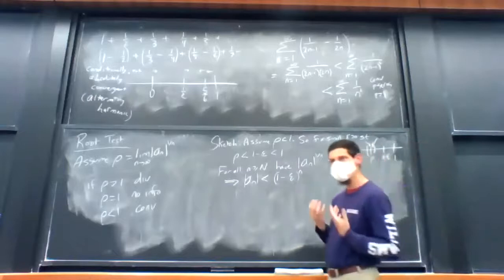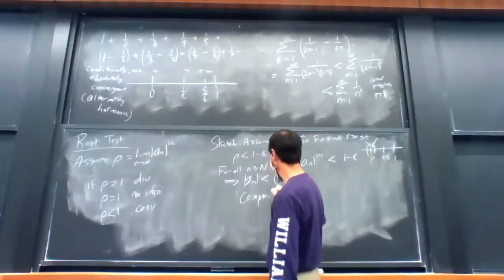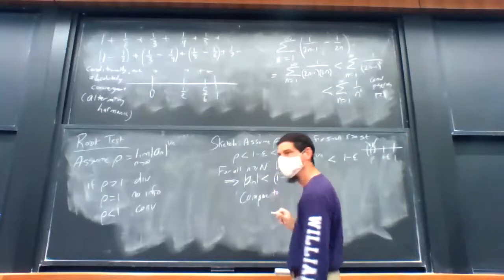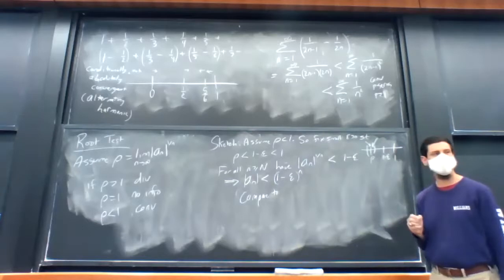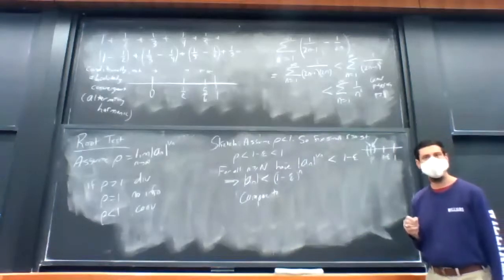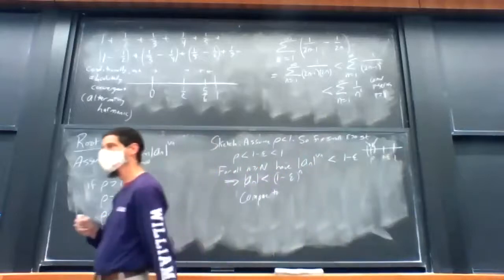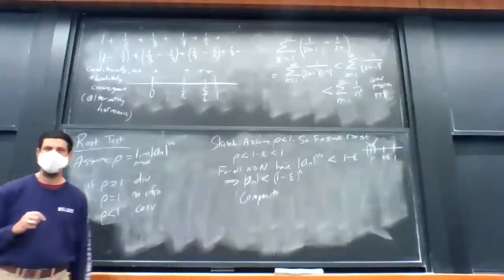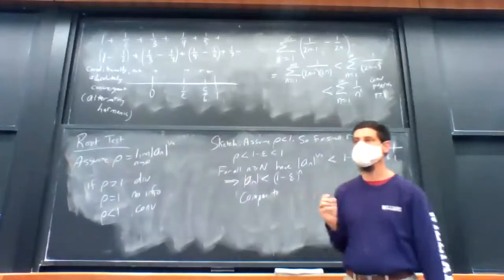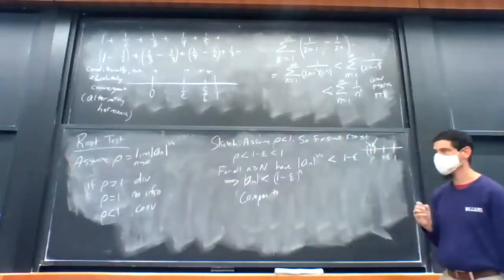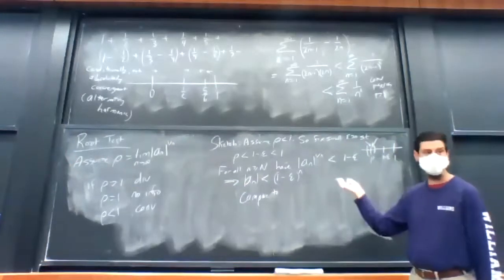Any idea for comparison test now? We know a_n is less than 1 minus epsilon to the n. What should we compare this to? So we're trying to show convergence.